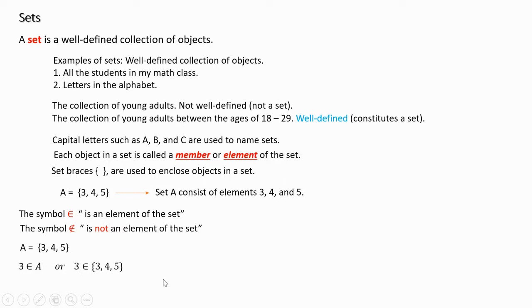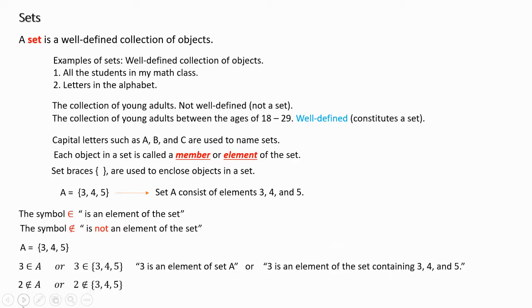Here's how you will say it in words: 3 is an element of set A, or 3 is an element of the set containing 3, 4, and 5. 2 is not an element of A, or 2 is not an element of the set {3, 4, 5}, because 2 is not inside set A. This is also the notation for that. Here again is the explanation: 2 is not an element of set A, or 2 is not an element of the set containing 3, 4, and 5.